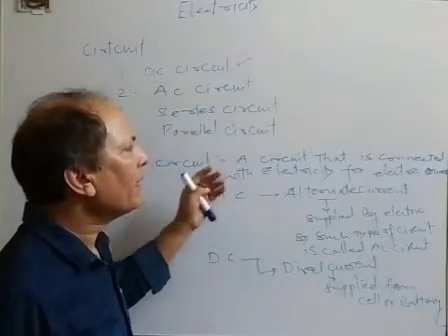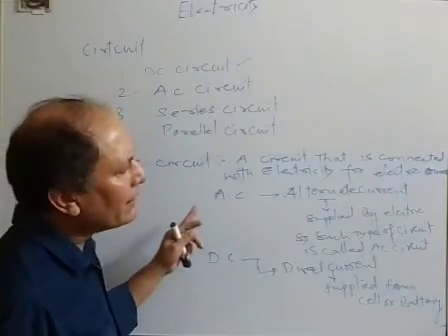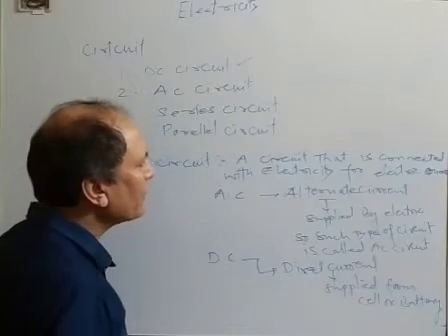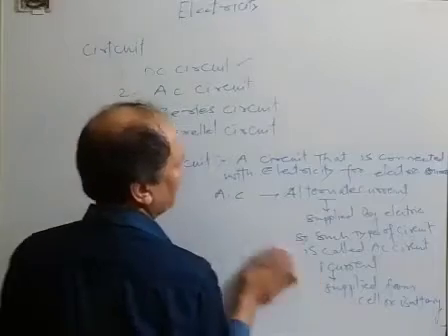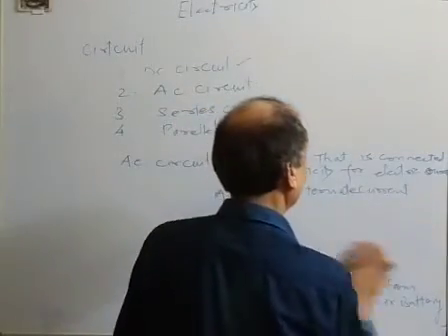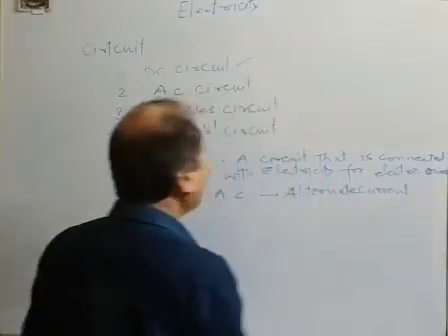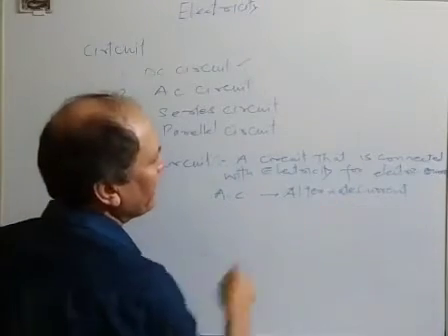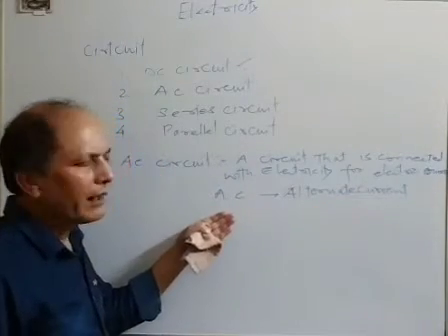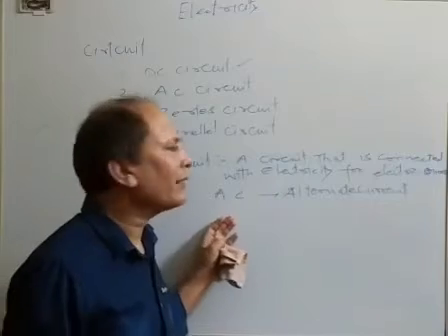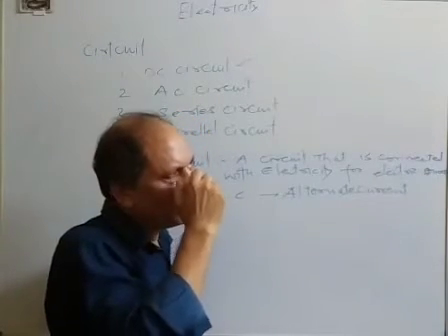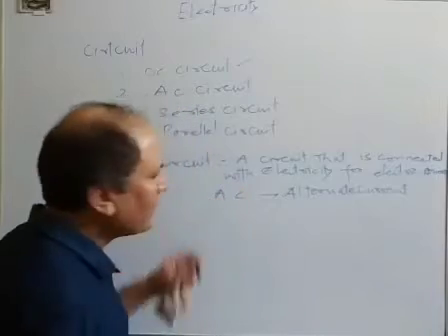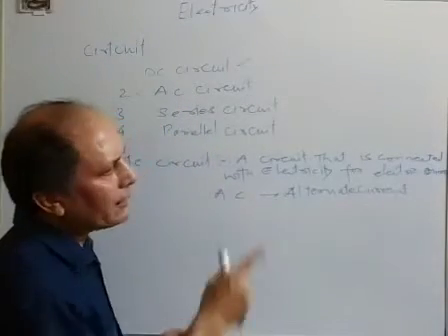So, AC circuit: a circuit that is connected with electricity for electric source is called AC circuit. Actually, AC means alternate current. As I explained you previously, alternate current is supplied from electric supply.